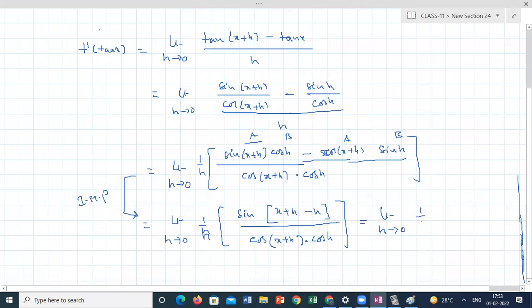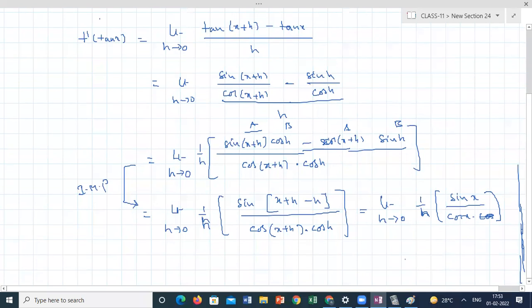You forget about this one. When h is here, sin x, h cancel now. Yes, sir. That's what, sin x upon cos of x plus h into cos x. Okay, no. Sin x divided by cos x into cos h, correct? Cos x into 1. How am I getting this one? This is coming as tan x again.